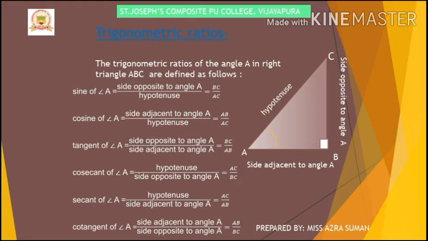Cotangent of angle A is equal to side adjacent to angle A divided by side opposite to angle A, which is equal to AB divided by BC.